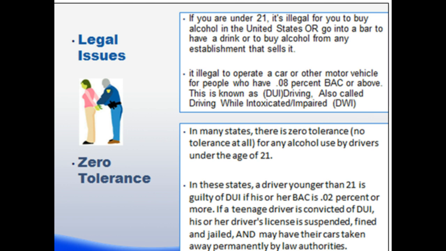In many states, a driver younger than 21 is guilty of DUI if his or her BAC is 0.02% or more. If a teenage driver is convicted of a DUI, his or her driver's license is suspended, they're fined and jailed, and may have their cars taken away permanently by law authorities.